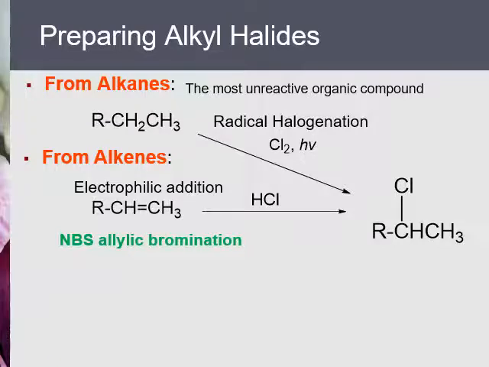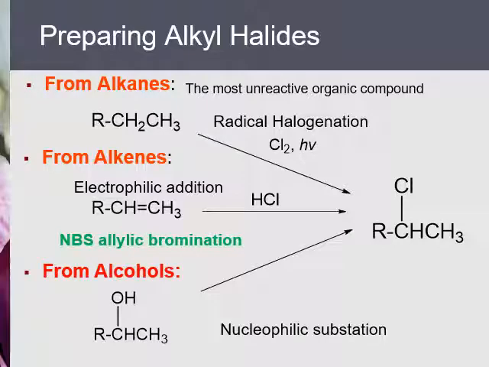And the third method is to make alkyl halides from alcohol undergoing nucleophilic substitution reaction. The reagent we are going to use is either HCl or thionyl chloride. We're going to see details next.